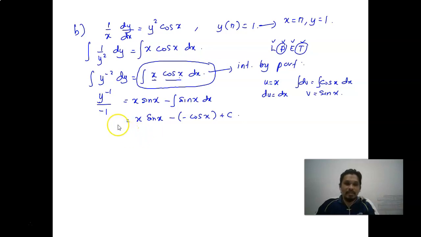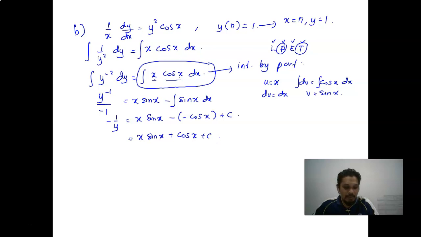Simplify this, the negative sign and the negative cos x become positive, so this equals x sine x plus cos x plus c.